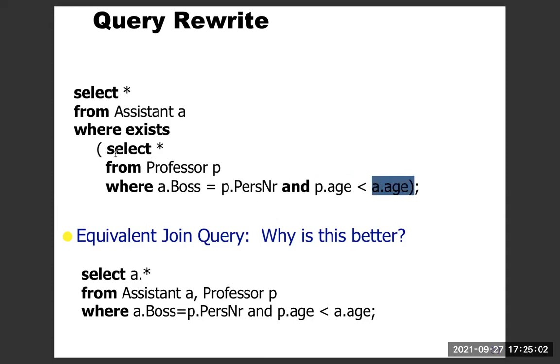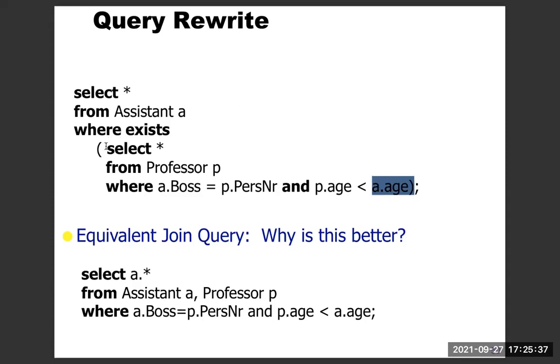And if this query is empty, that means either that assistant has no boss, that's possible too, or the assistant has a boss and the boss's age is not lesser than the assistant's age. So an empty result means that assistant is not what I search for, so I don't output it.